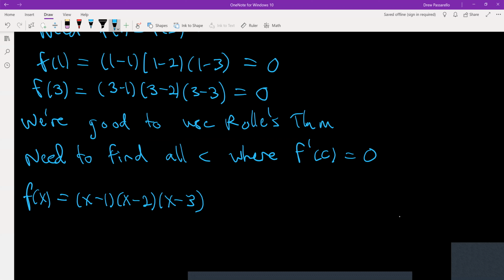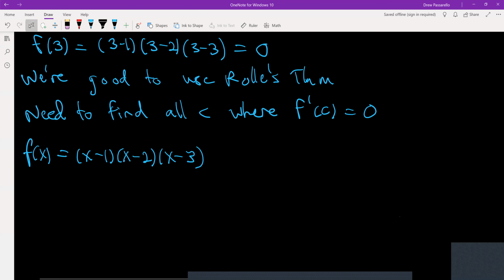Now you could use the product rule, but because we have x minus 1 times x minus 2, that's a product, and then x minus 2 times x minus 3, that's also a product. Instead of doing that, I'm going to expand the polynomial.